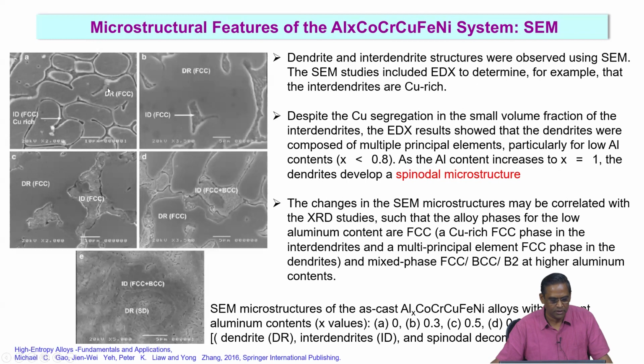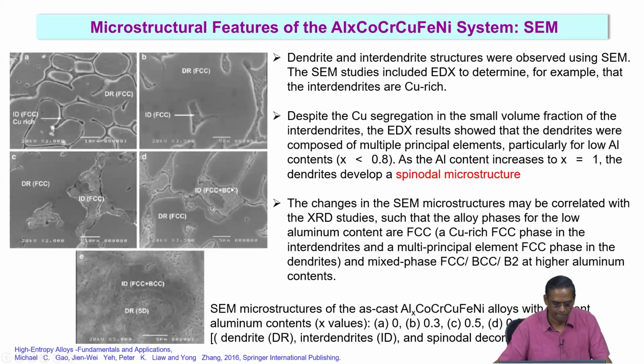So you have a dendritic FCC phase, and then you have an interdendritic FCC phase which is rich in copper. This is 0 aluminum, and if you reach 0.3 aluminum, then you see the DR phase trying to become dominant, and the interdendritic phase is becoming less. If you reach 0.8 or so, you can see that the interdendritic region has some features visible, some kind of mixture.